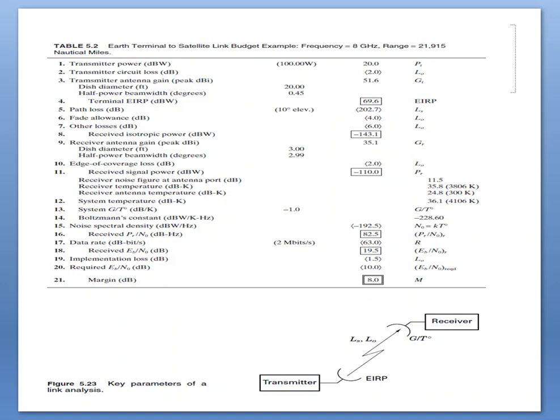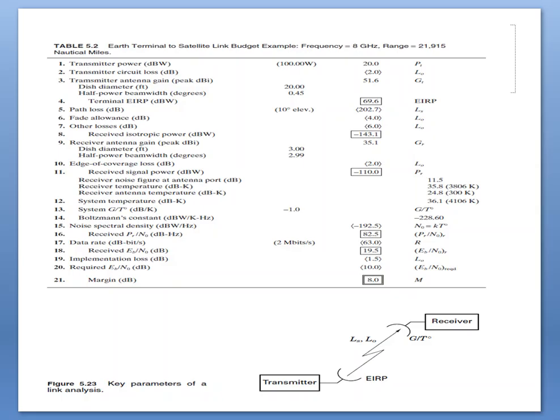And 6 and 7 here are allowances made for weather fades and a variety of unspecified losses. And the 8th one, received isotropic power, refers to the power that would be received, which is minus 143.1 dBW if the receiving antenna were isotropic.